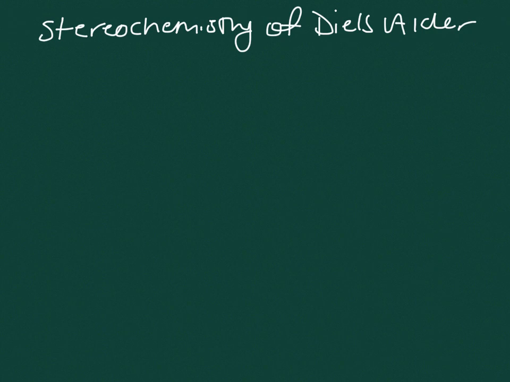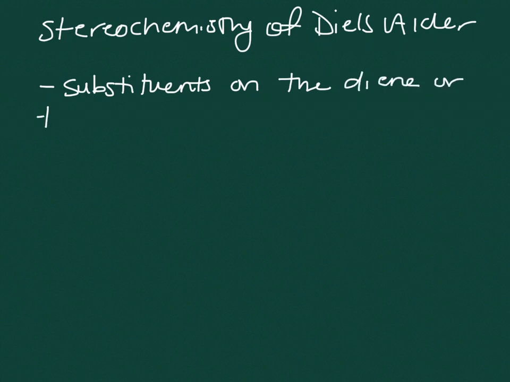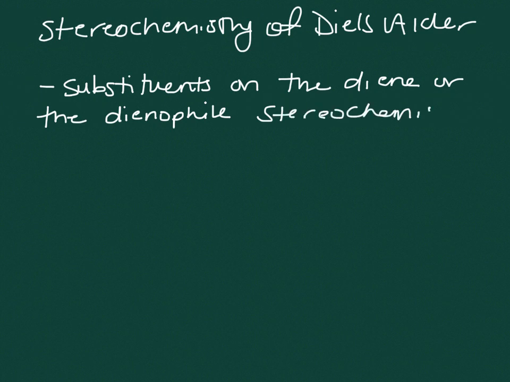If we look at the stereochemistry, if we have substituents on the diene or the dienophile, the stereochemistry is retained in the reaction. And I'll show you what I mean by that.